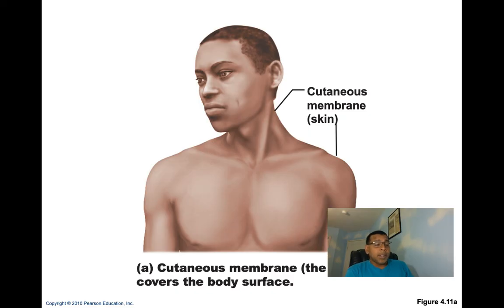So the first type is cutaneous membrane. We talk description and location: cutaneous membrane is basically your skin. It's attached to a thick layer of connective tissue, the dermis, and it's exposed to the air, and it is a dry membrane.